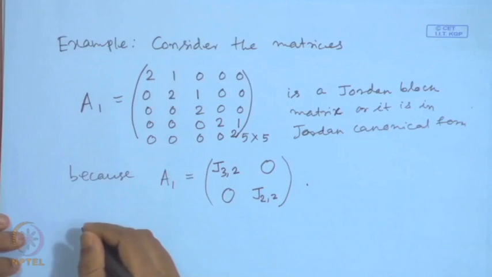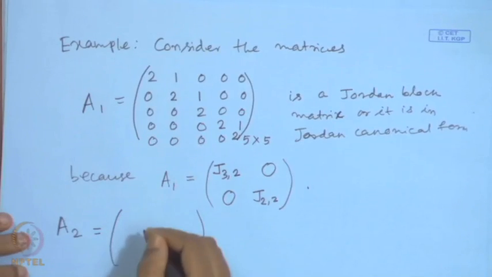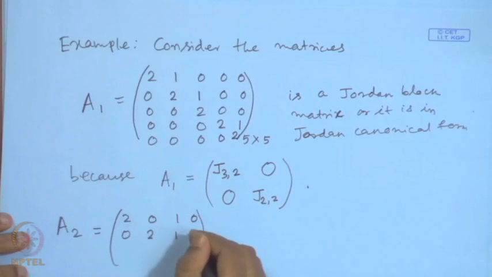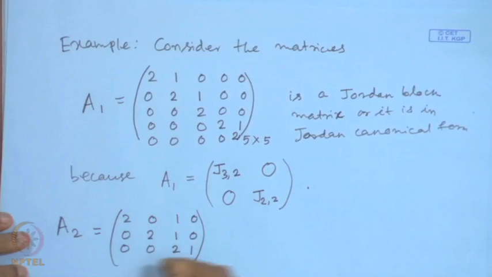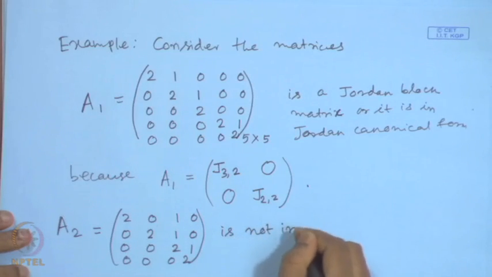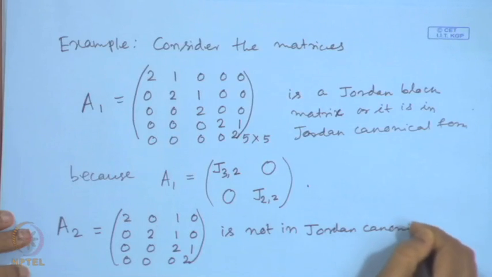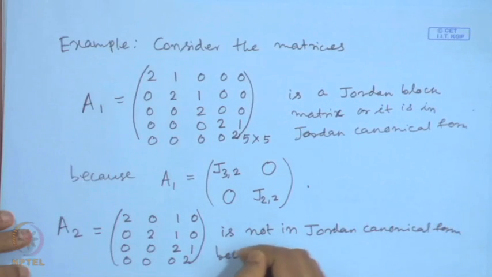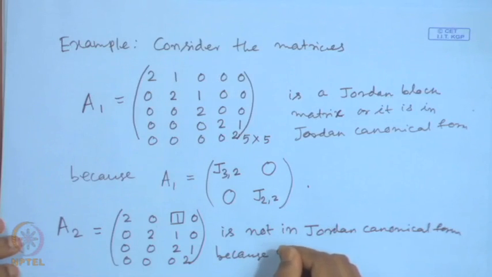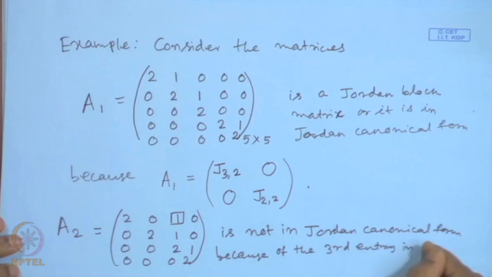But this matrix, if we consider A2, which is like this: 2 0 1 0, 0 2 1 0, 0 0 2 1, 0 0 0 2, it is not in Jordan canonical form, because of the third entry in the first row.